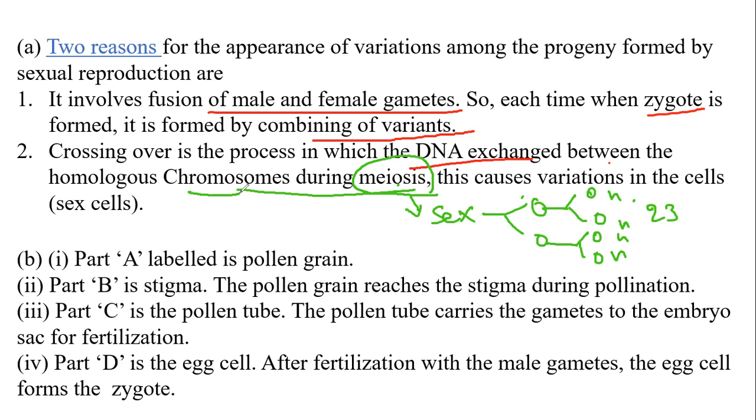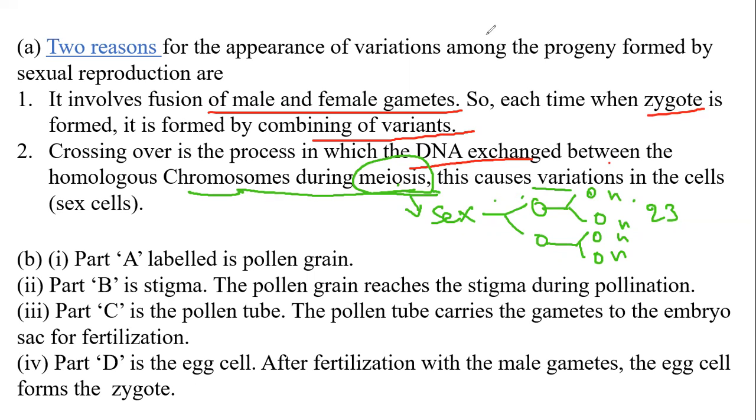Homologous chromosomes cross, and at that time there is a chance to form variations due to the crossing of chromosomes. If you want to understand meiosis more clearly, look once more at the topic you covered under the reproduction chapter.